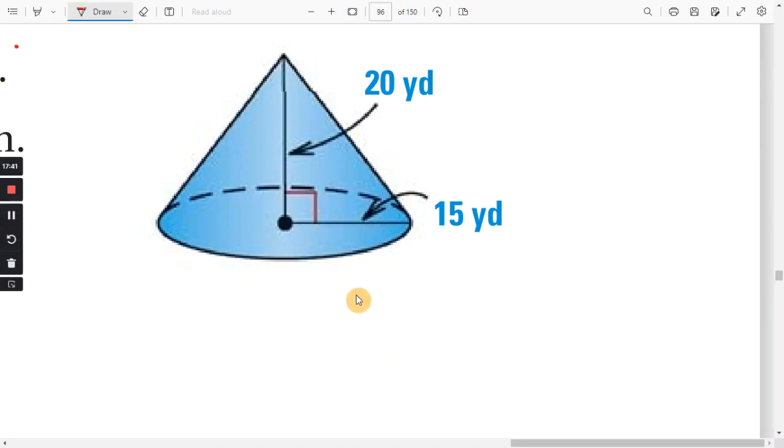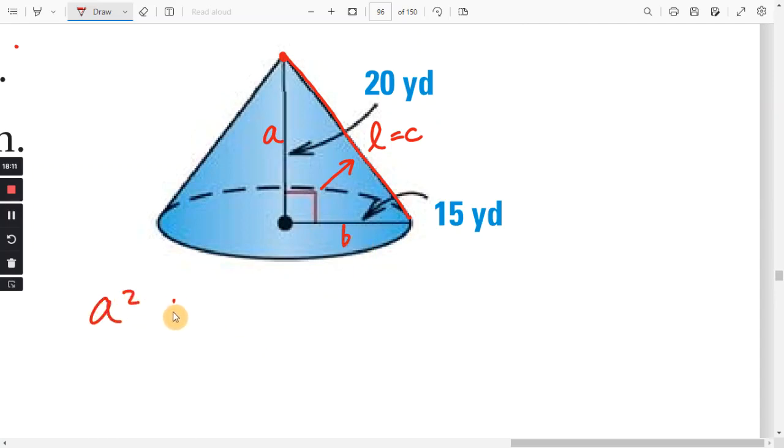All right, so this distance right here from the vertex to the circle itself, an edge on the circle, that's going to be your slant height, L. So we need to use the right triangle. You go across from your right angle, and that's your hypotenuse, C. This distance here is A. Doesn't matter which one is A or B. So I'll call this A and this B. So we're going to do Pythagorean theorem.